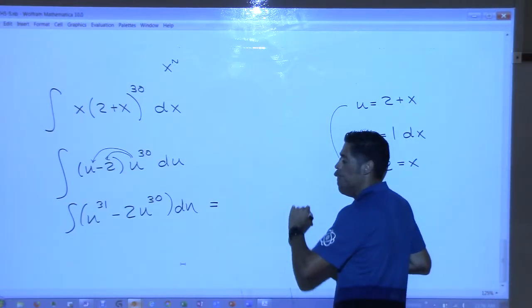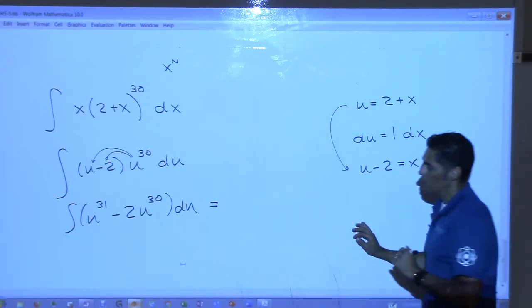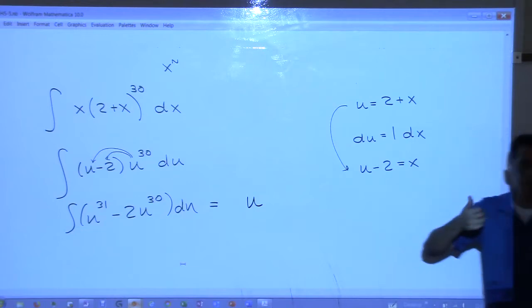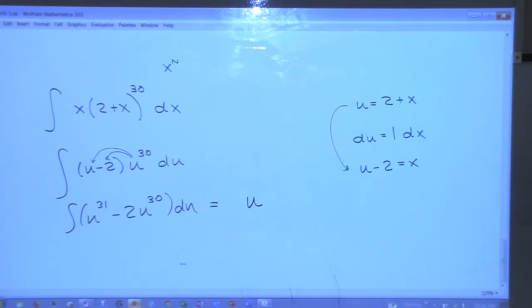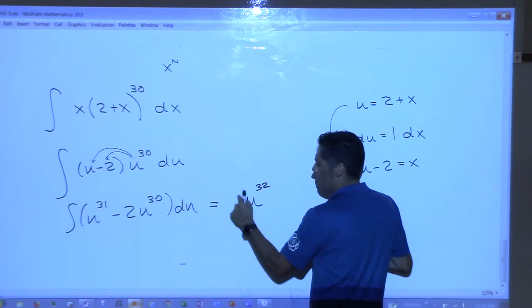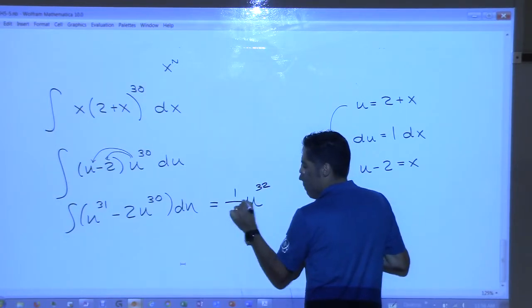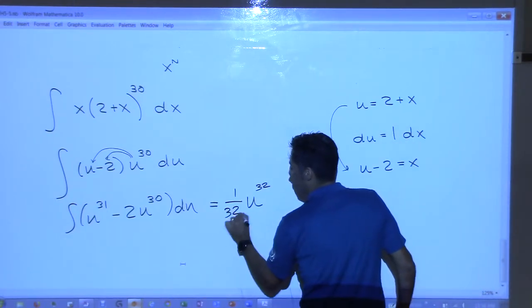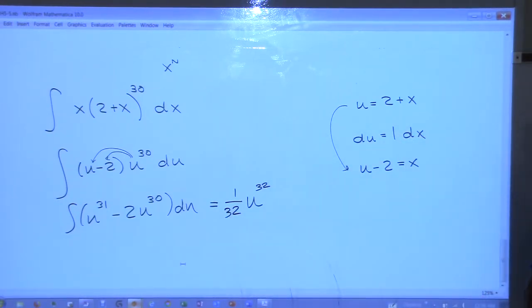Antiderivative, yes. So what happens to the power? Power goes up or down? Up. So it's going to be u to the 32, but you have to have something out front, remember? So 1 over what out front? 32. So the antiderivative of u to the 31 is 1 over 32 u to the 32.